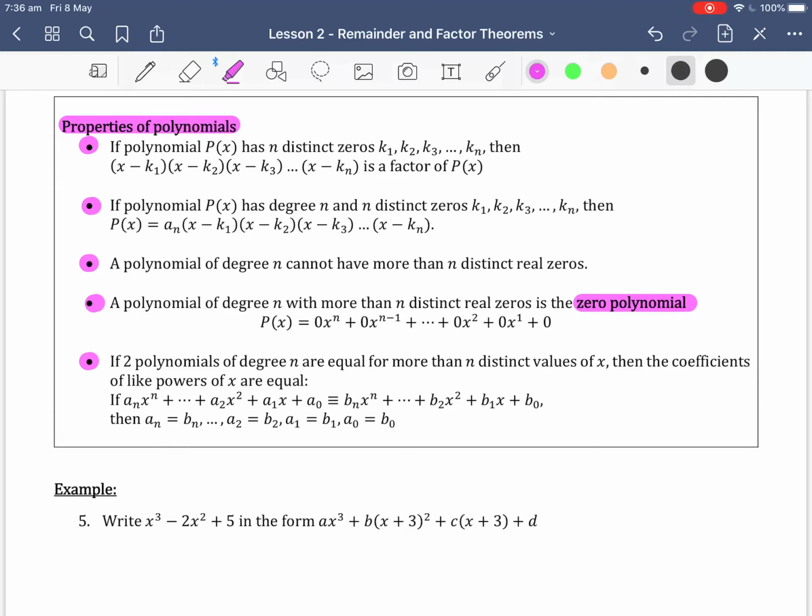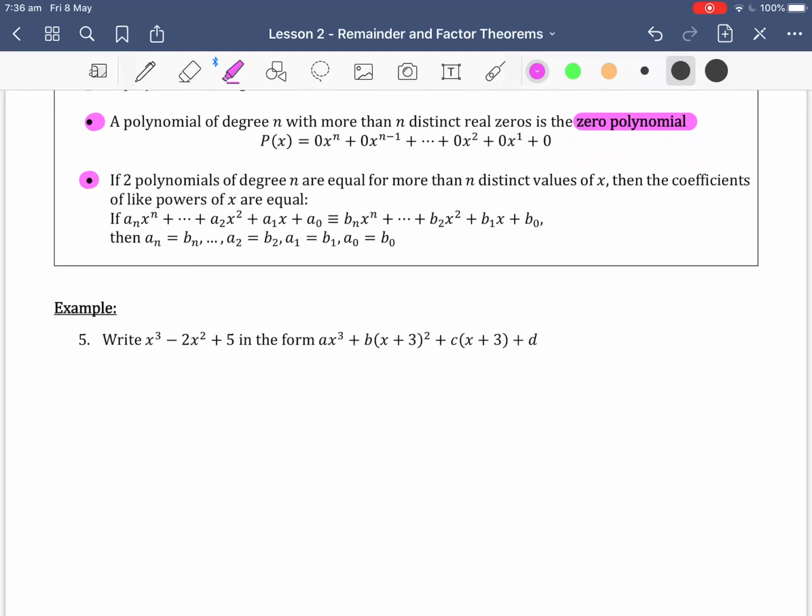So if an x^n plus all the way to a2x squared plus a1x plus a0 is congruent to bn x^n plus all the way down to b2x squared plus b1x plus b0, then an equals bn, a2 equals b2, a1 equals b1, and a0 equals b0.